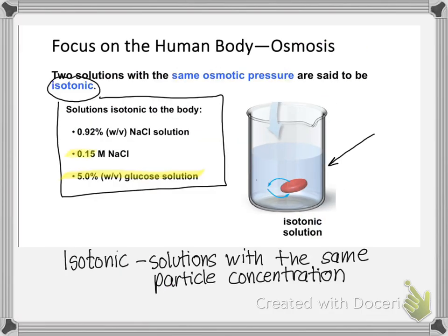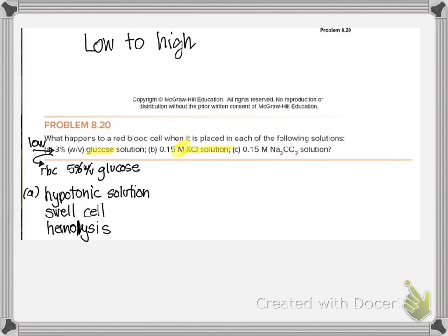So I'm going to use the 0.15 M NaCl, because it's ionic like KCl and it's in molarity. You have to use the same units. So that's our reference: the red blood cell is 0.15 M NaCl.